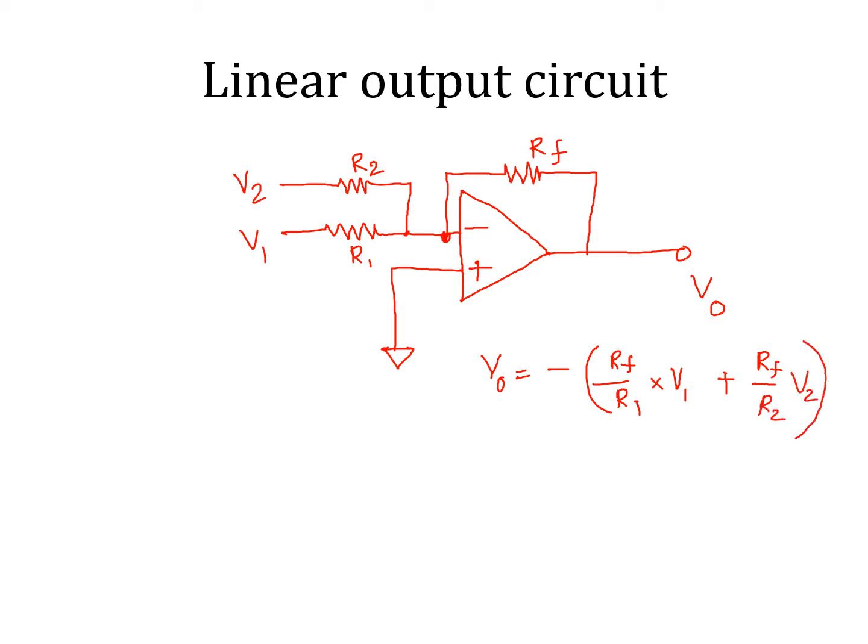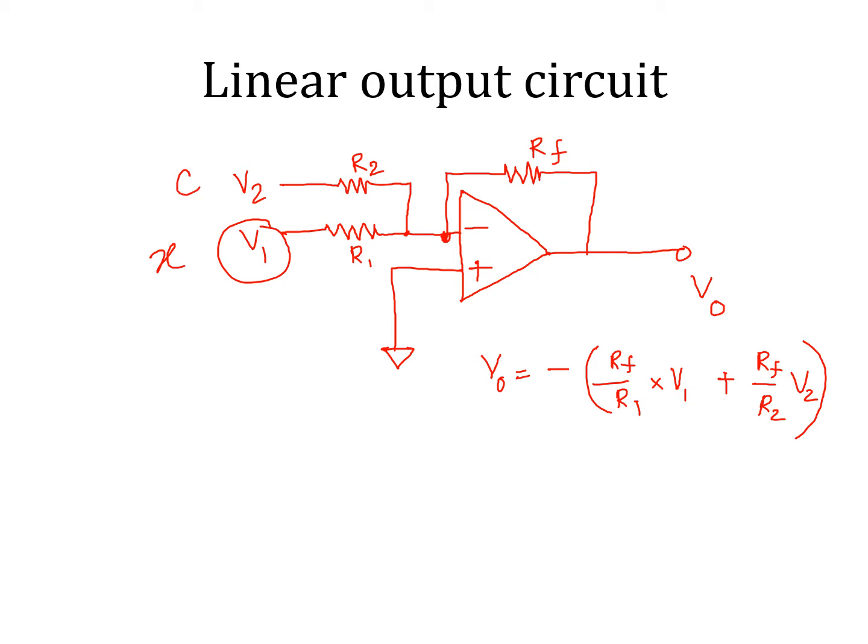Using this circuit we will try to build the previous question, Y equal to Mx plus C. If you imagine, V1 will be our X and V2 will become the C.